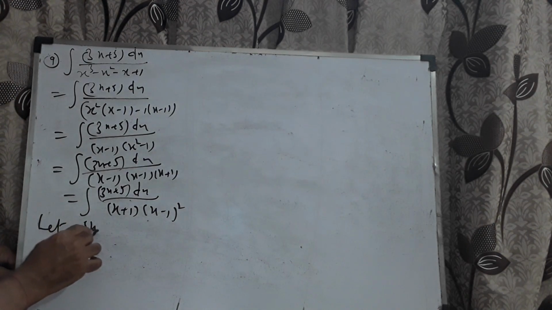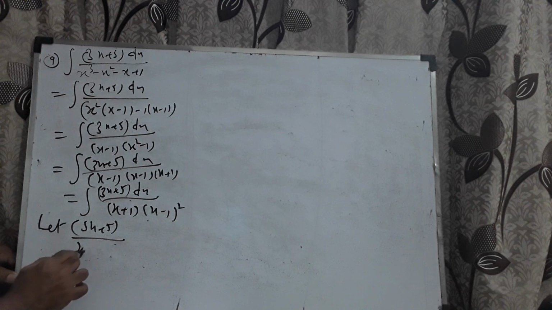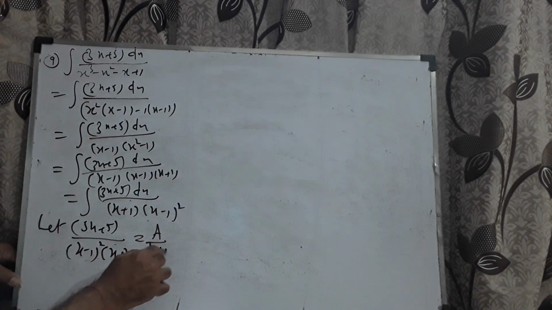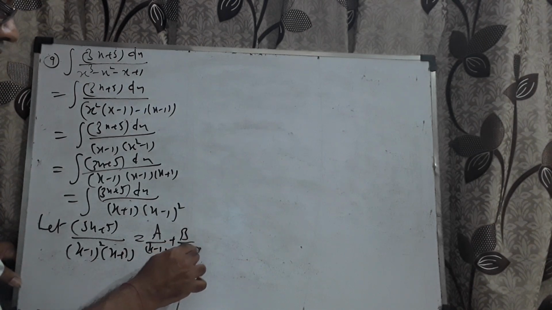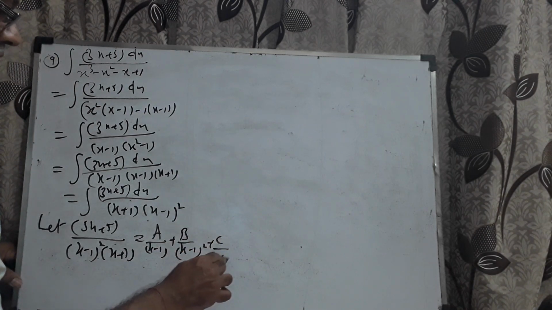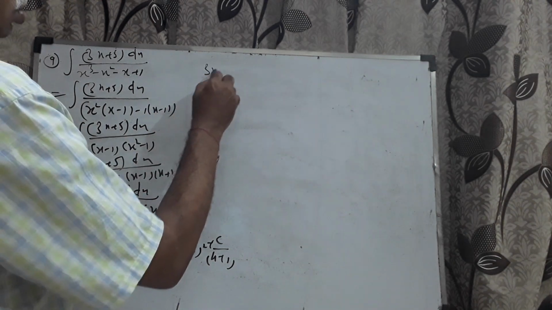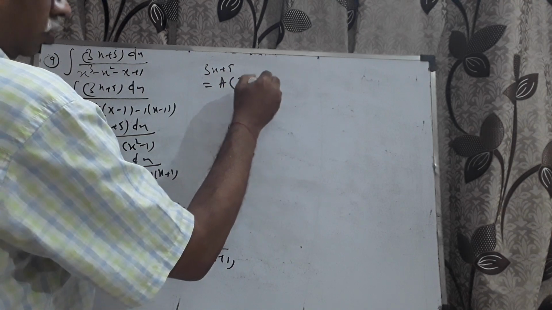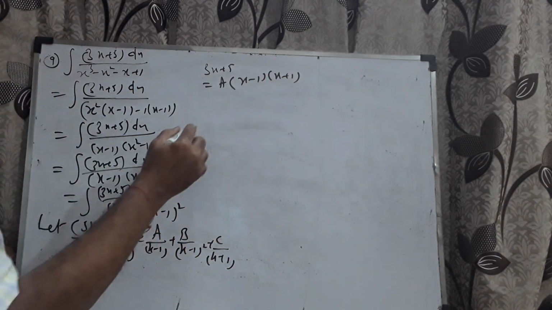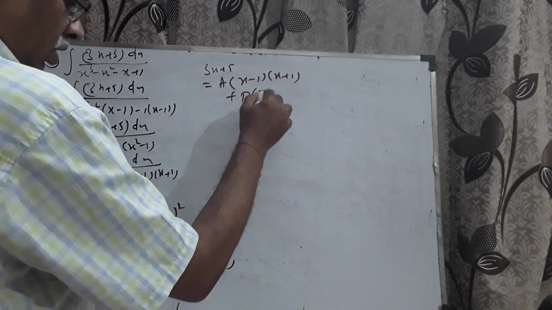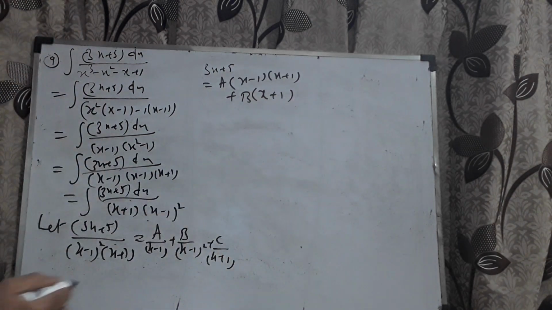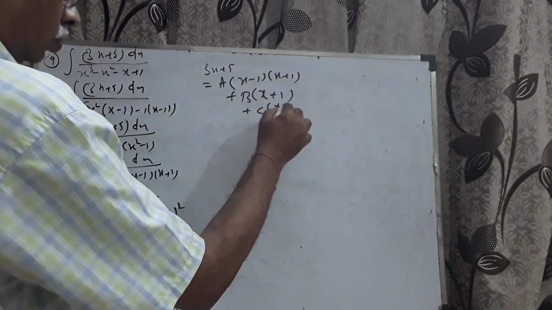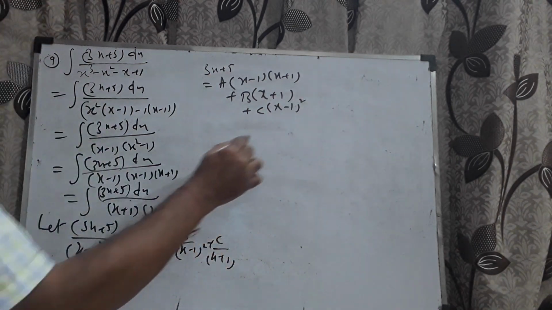Now let (3x+5) divided by (x-1) whole squared into (x+1) be equal to a by (x-1) plus b by (x-1) whole squared plus c by (x+1). Therefore, 3x+5 is equal to a into (x-1)(x+1) plus b into (x+1), and of course c into (x-1) whole squared. Call it 1.